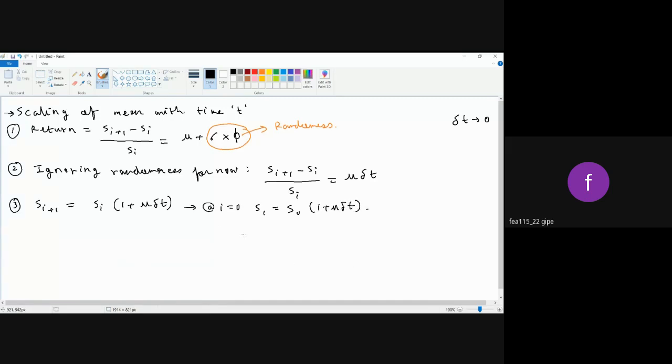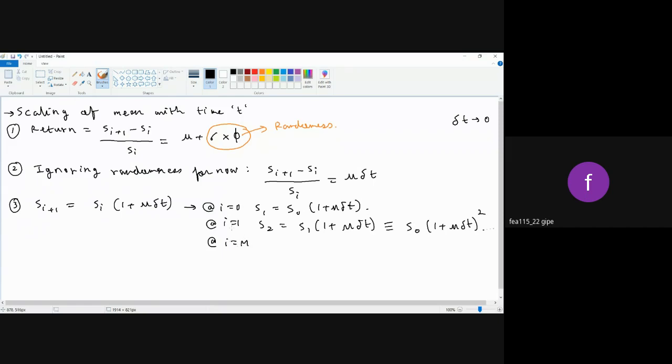Similarly, at i equal to 1, I have S2 equal to S1 into 1 plus mu delta t. Or can I also say this is equivalent to S0 into (1 plus mu delta t) square, and so on. In general, at i equal to m, let's say I have m number of steps.